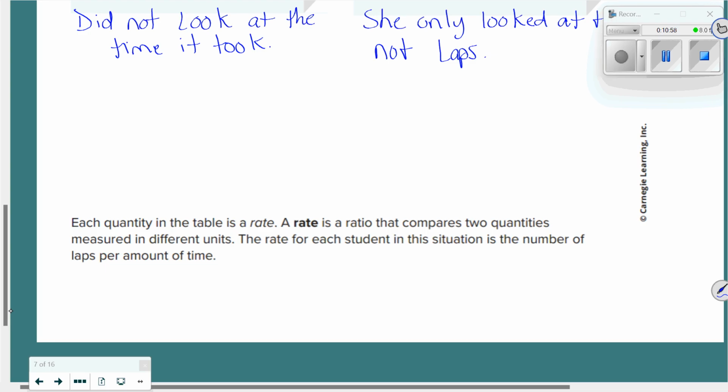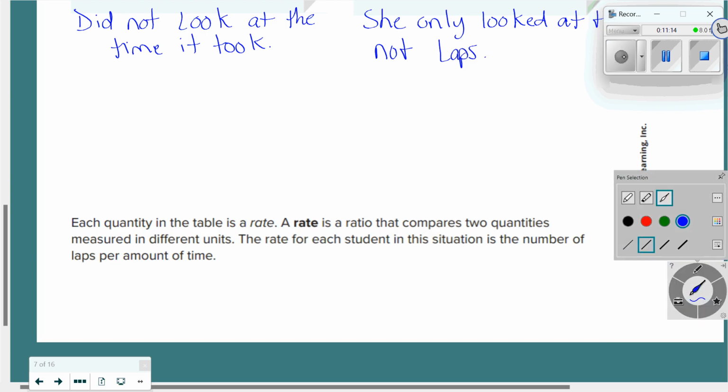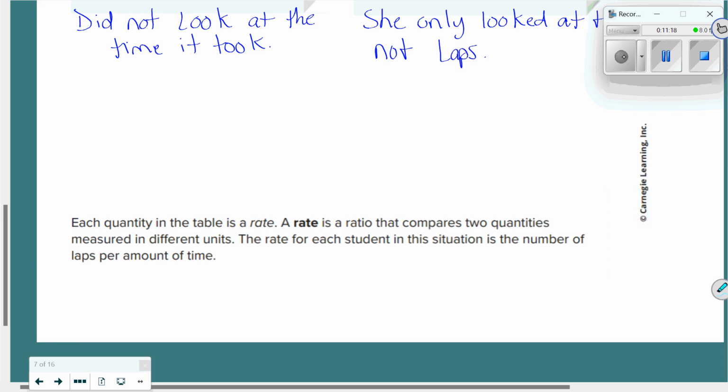Highlighter, marching pen, we have the definition. Okay, our first one is: each quantity in the table is what we call a rate.